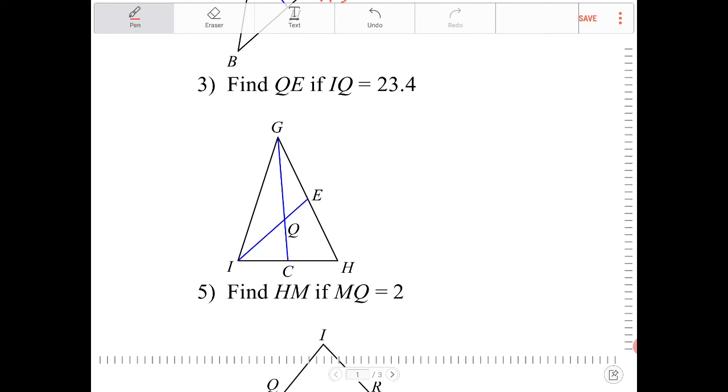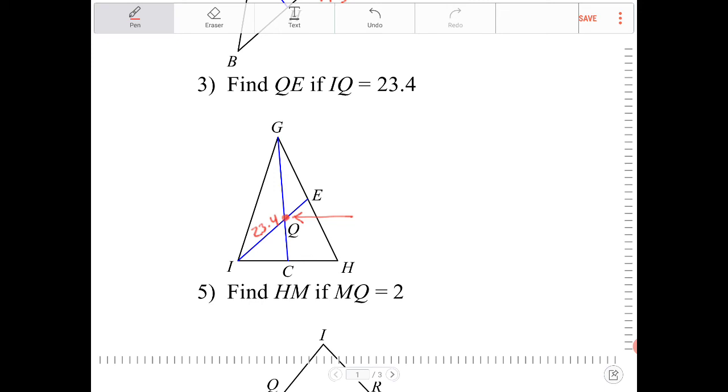QE is what I need to find. If IQ is 23.4, I'm asked to find out what QE is. So QE is going to be half of IQ because this point right here is the centroid, and the centroid breaks up the median into 1/3 and 2/3 partitions, 1/3 of the entire median or 2/3 of the entire median.